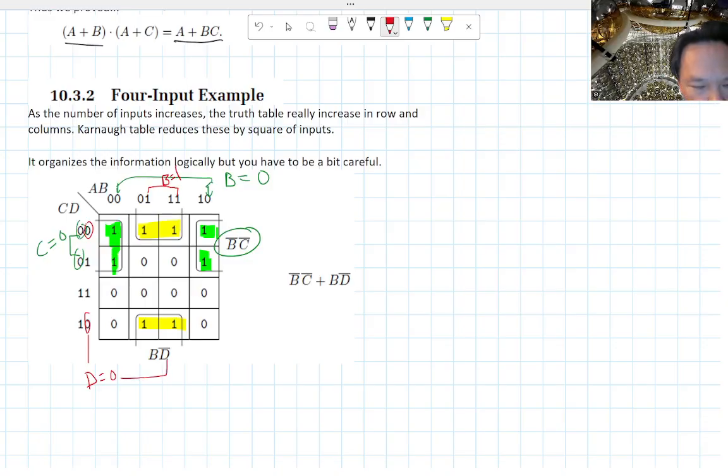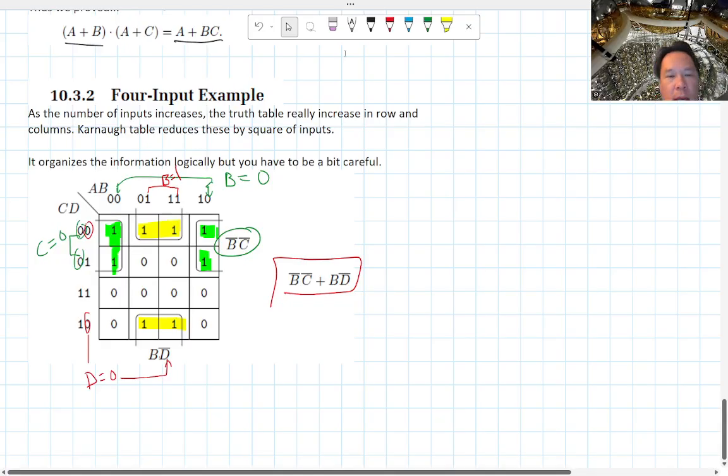So it's actually D bar and B that you're getting as the result. By making these Karnaugh tables with all these different inputs and outputs, you can figure out what logical operations are being done on this particular circuit. So this is a way to backtrack how the logic works.